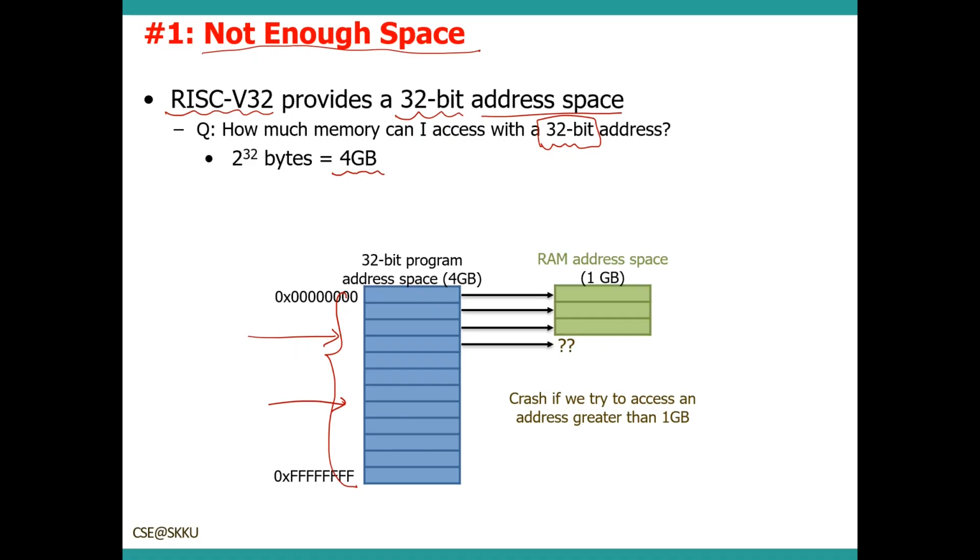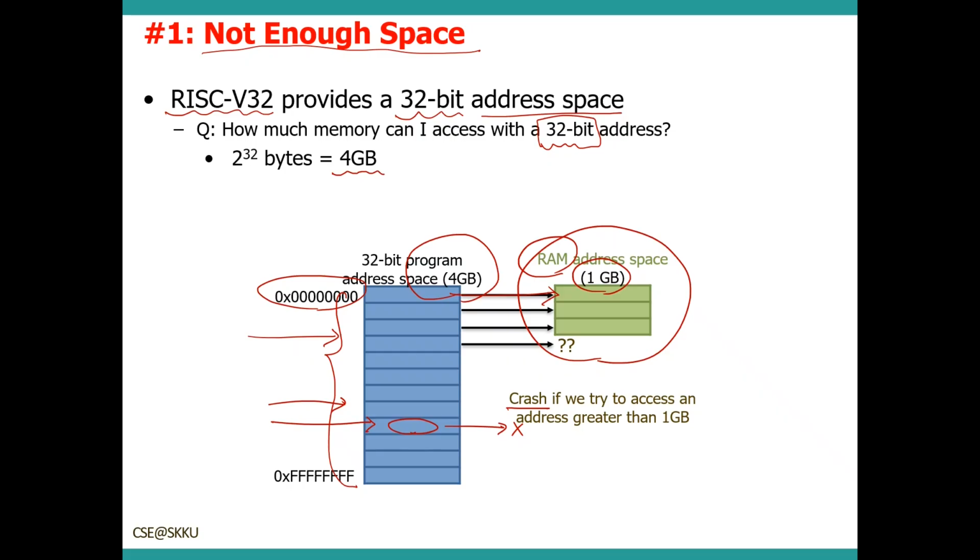But real memory will have a smaller size. For example, here we have only 1 GB memory. If a program accesses this address, then we can access the real memory data. But if we try to access this memory, there is no mapped real memory, so the program will crash. So this means the real memory can be smaller than the full address space.